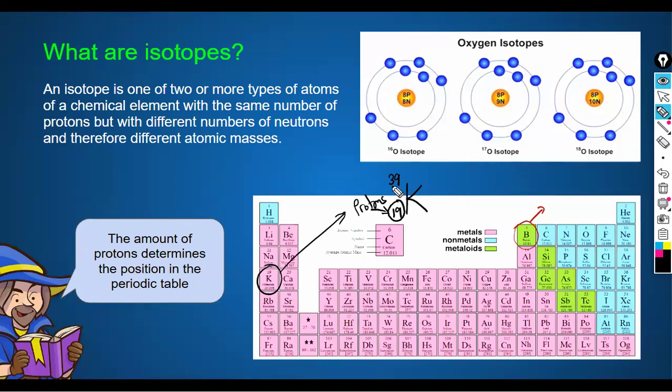Remember, normal potassium will have 19 protons. It has 19 electrons. And how many neutrons again? When you minus it, you get 20. That's potassium. We did this calculation earlier, okay? The name of an atom is determined by the amount of protons.